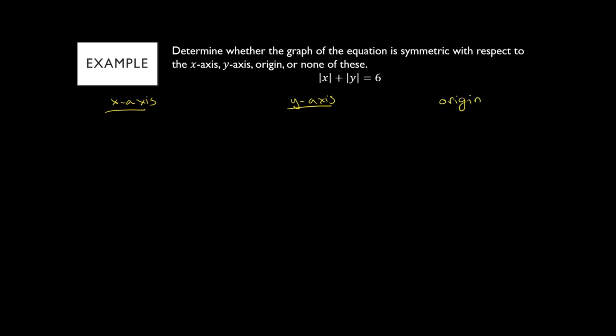Now, before I start doing anything, based off of what we've done so far, you can look at this equation and get an idea of what type of symmetry it's going to have. So I want you guys to just type in the chat, just looking at the equation and based off of the examples you've seen so far, what kind of symmetry do you think it has?